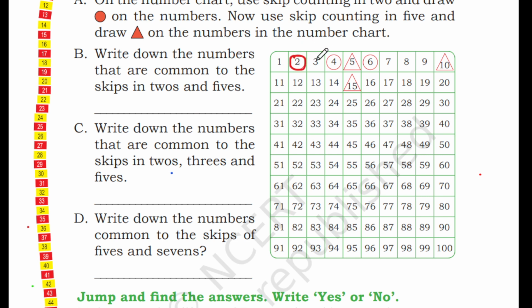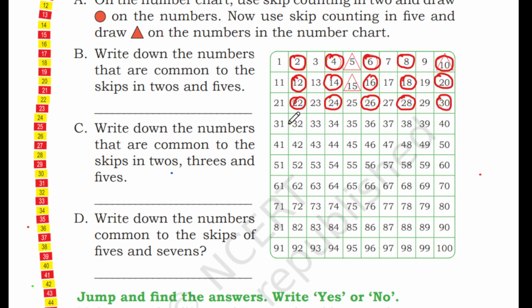So number 2, 4, 6, 8, 10, 12, 14, 16, 18, 20, 22, 24, 26, 28, 30, 32.